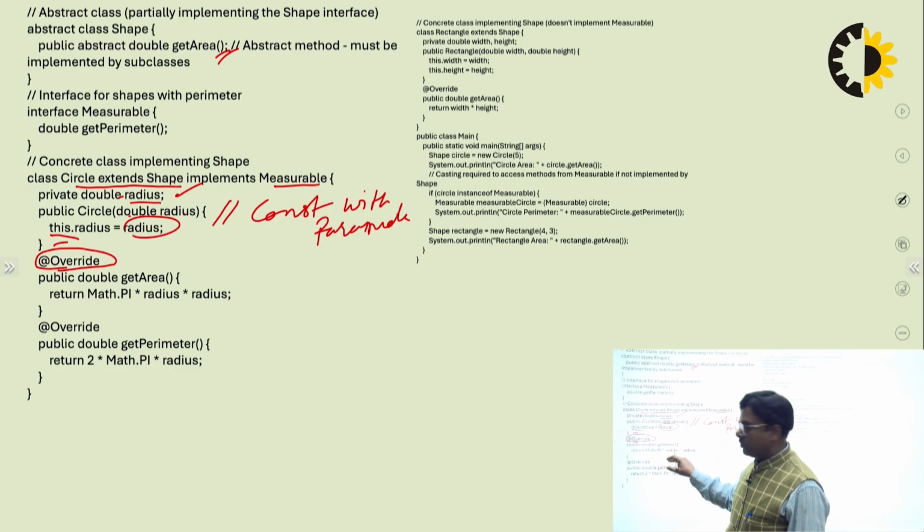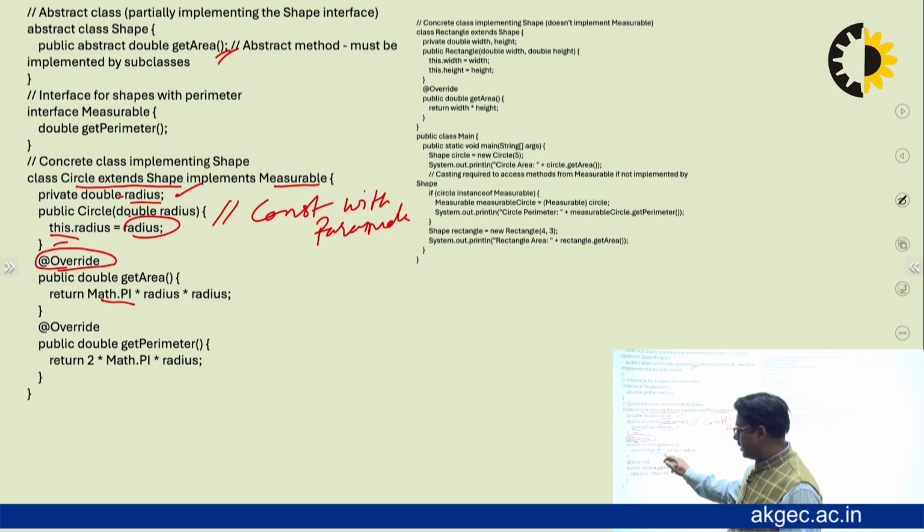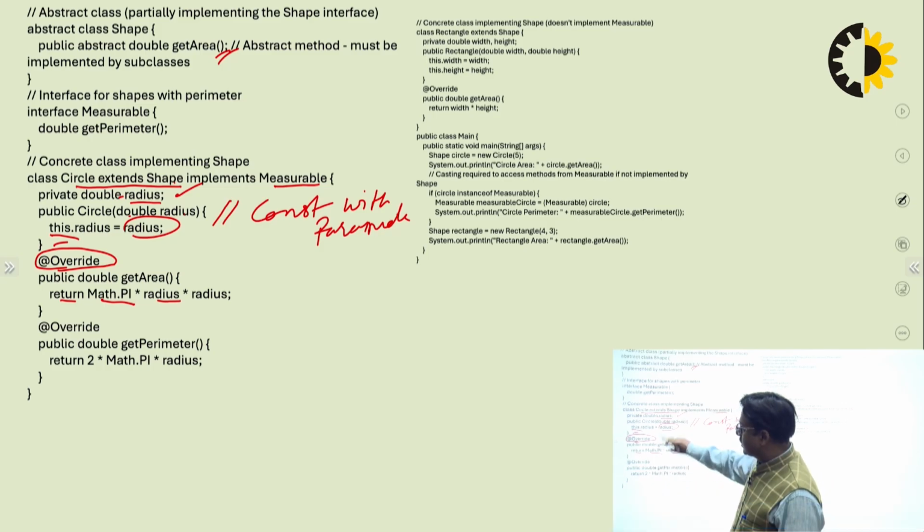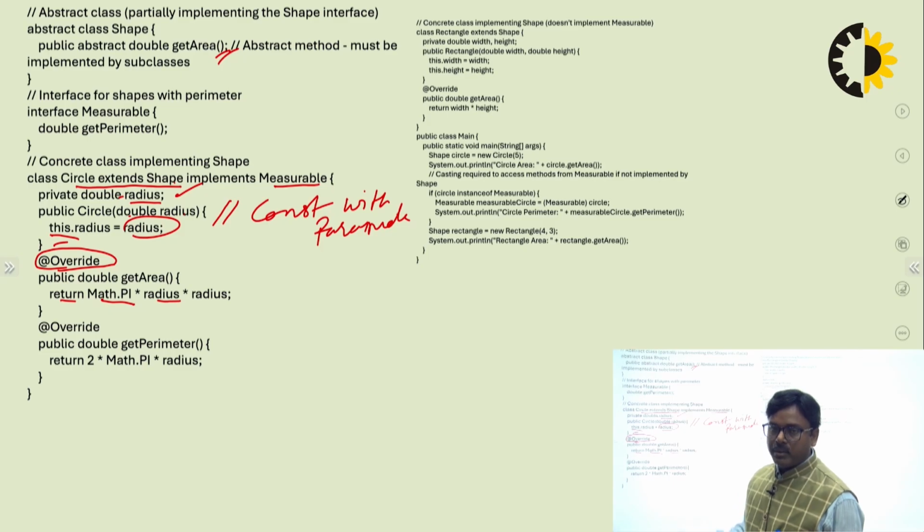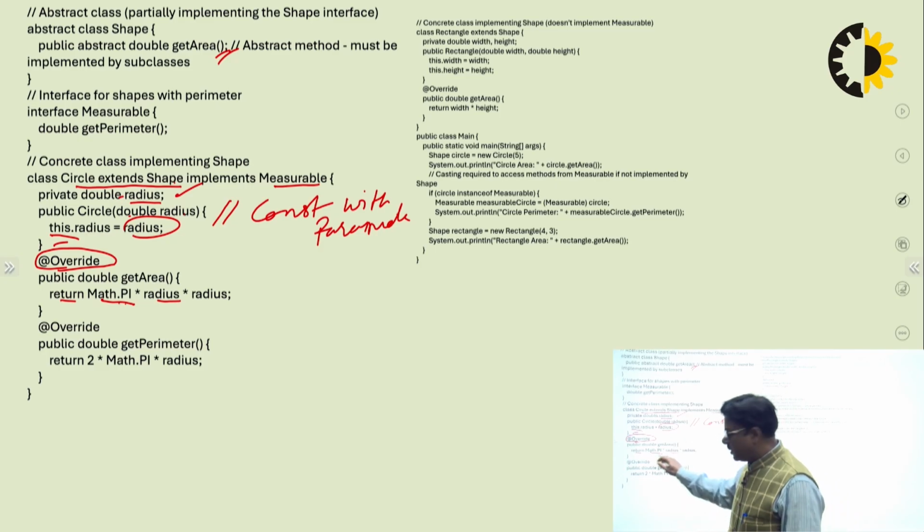The public double getArea returns Math.PI, where Math is another class which has some math properties, and it will fetch the pi value from there, and radius, whatever value has been assigned here. After simplification it will give you the result by returning it. So this is exactly the definition: getArea will give you the circle area, pi r squared, where r is the radius. That is what has been done here with the help of the Math class.